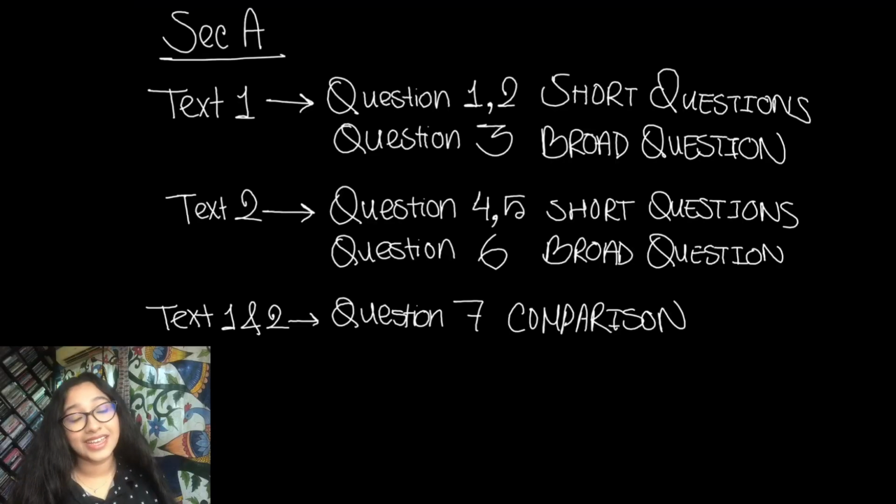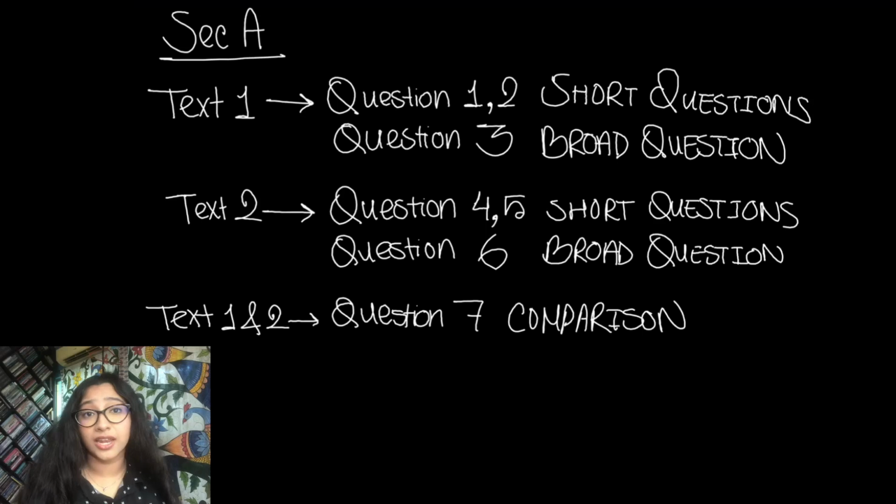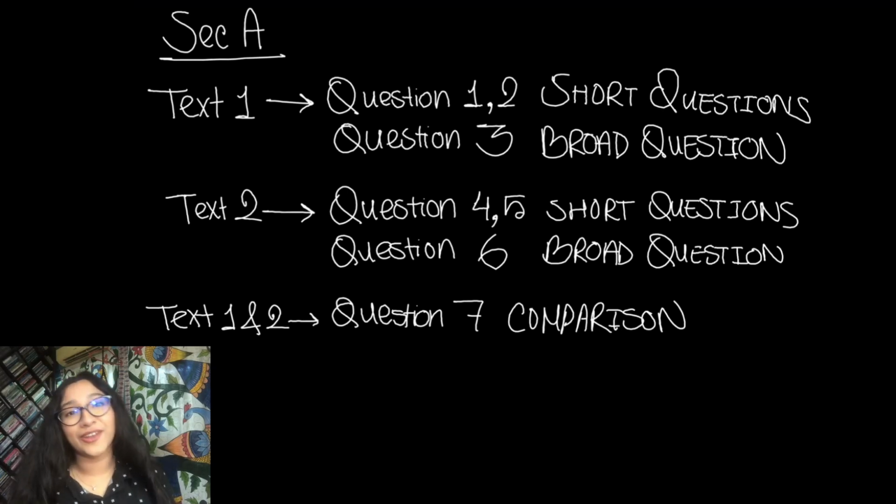So, coming to the exam paper, you will have 3 hours to complete your exam, and those 3 hours go by so fast. You will have 3 sections that you need to attempt: Section A, Section B, and Section C. Section A is what I'm going to be focusing a lot on, because this is the part where you can lose a lot of marks and gain a lot of marks if you play your cards right.